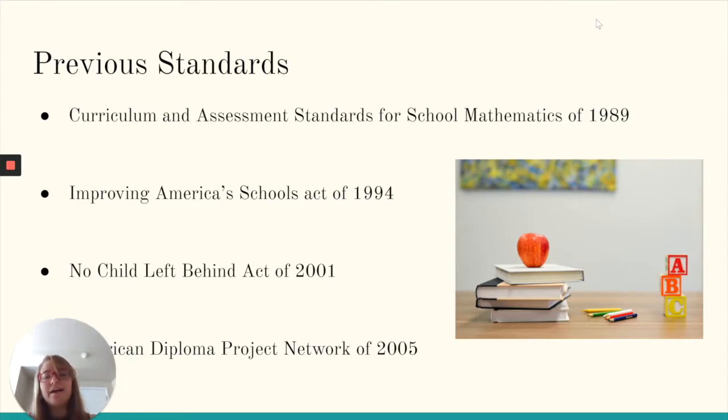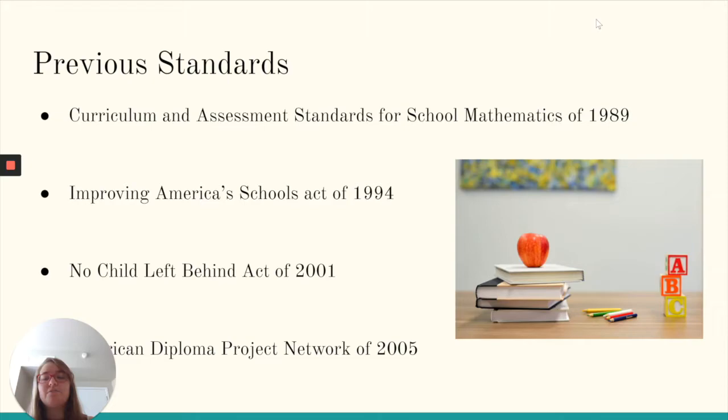The No Child Left Behind Act of 2001 focused on closing the achievement gaps between schools, and it revived common standards discussion because of shortcomings found while creating the act, such as the states' different definitions for proficiency, and high school graduates needing help in college, so a lot of the high school standards needed to be changed to close a gap there.